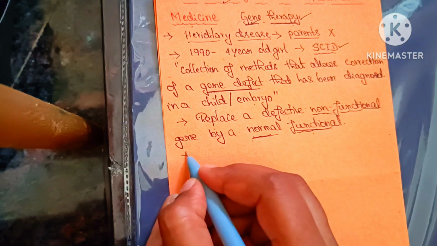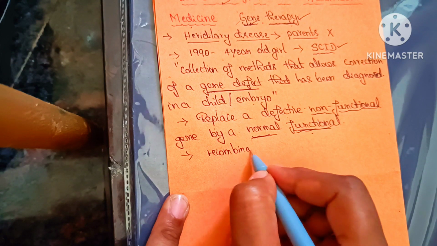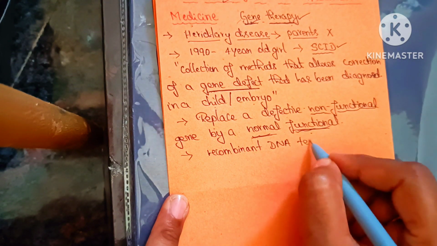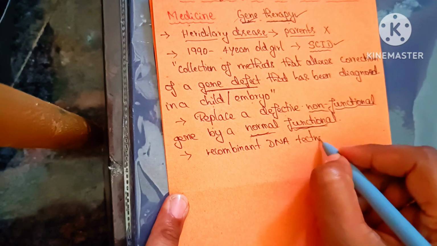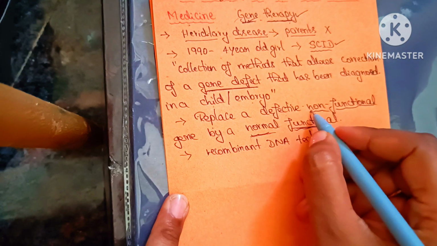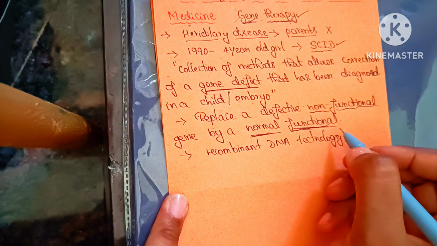That is using recombinant DNA technology. Recombinant DNA technology will help us to replace a defective non-functional gene by a normal functional gene.